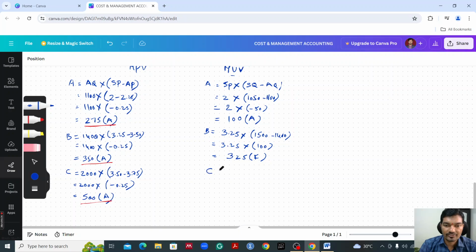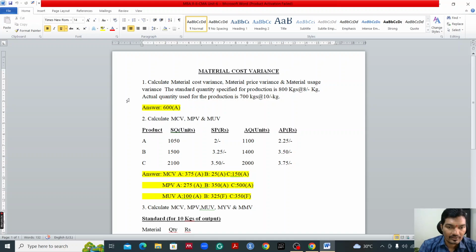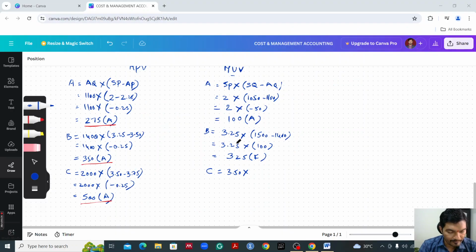And coming to product C, the standard price 3.50 is multiplied with the product C standard quantity 2100 minus the actual quantity, which is 2000.